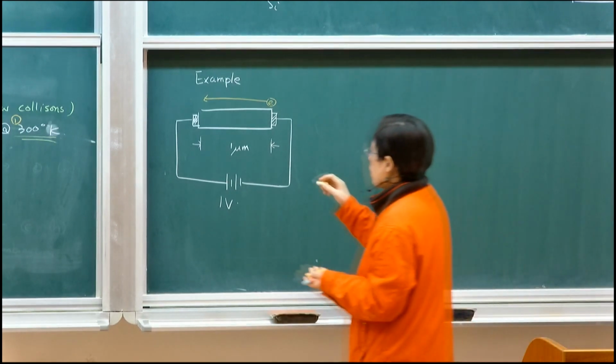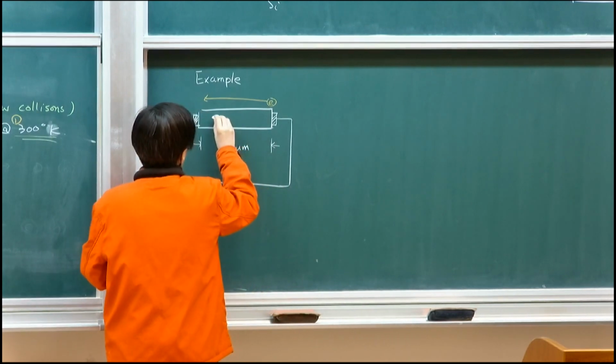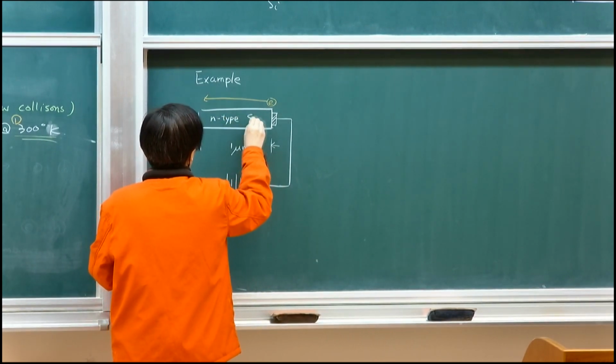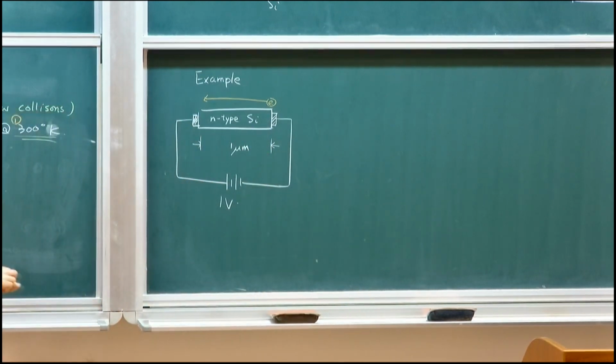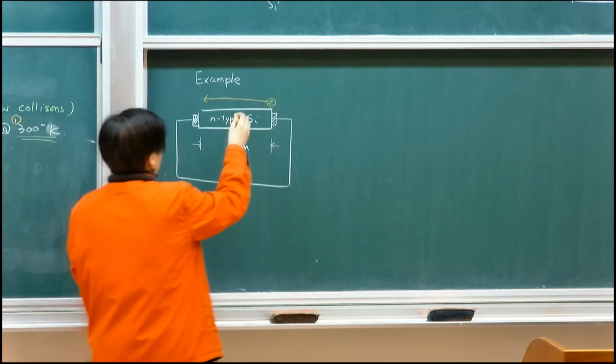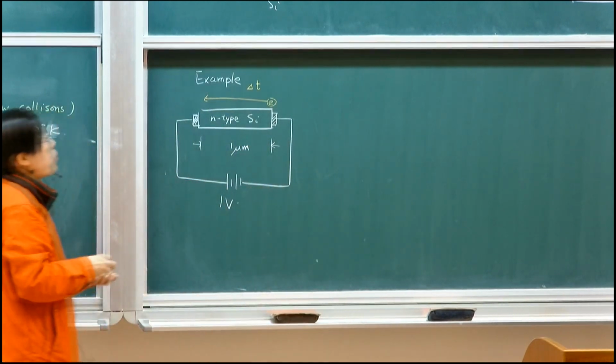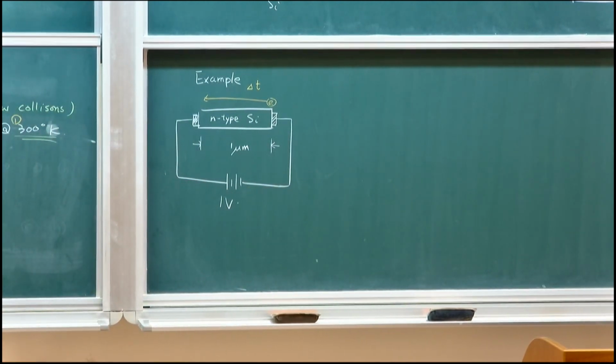The current is moving in this direction, and the electron comes from the other direction. Let's say I have N-type silicon. I don't need to give you a doping concentration. You should be able to find out how long it takes. So how long does it take, delta T? The average time an electron takes to move from terminal 1 to terminal 2.